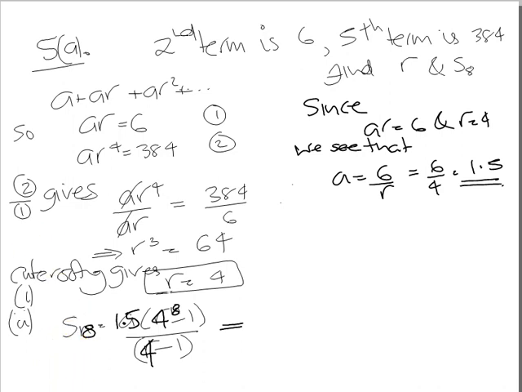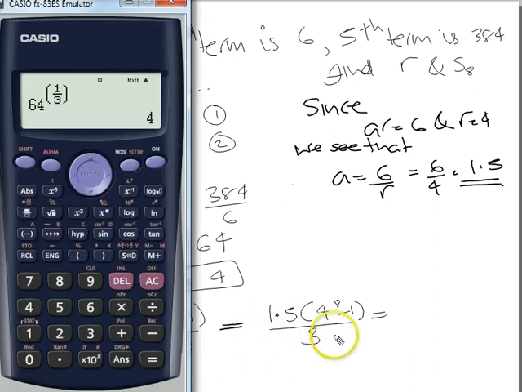Okay, good. So let's see what we've got then. Let's tidy it up. 1.5. Yeah? It'll be 4 to the power 8 minus 1 and over 3, won't it? And you could tap that in a calculator. Let's do that without further ado. We could simplify it, but I'm not going to do it. I'm just going to tap this in.